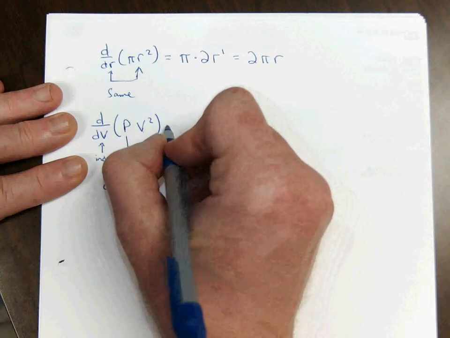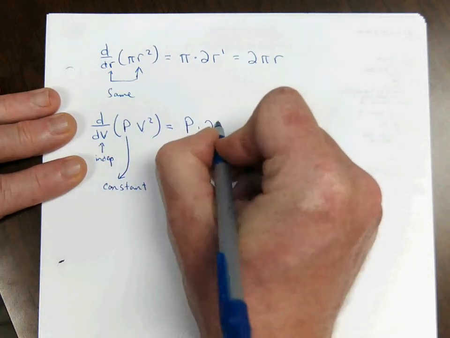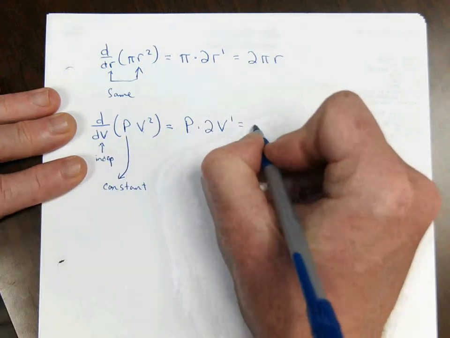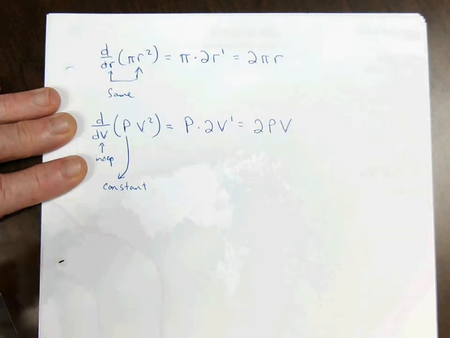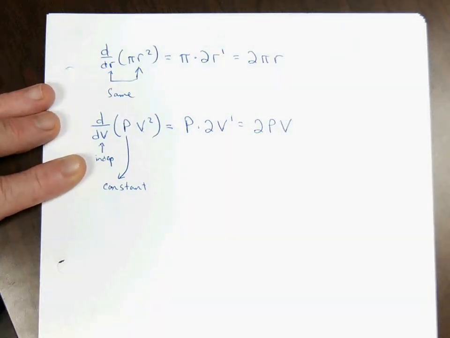So this is exactly like the example up above, where I would just say p times 2v to the first power, and I might rewrite that as 2 times pv. All right, so that's the key thing there.